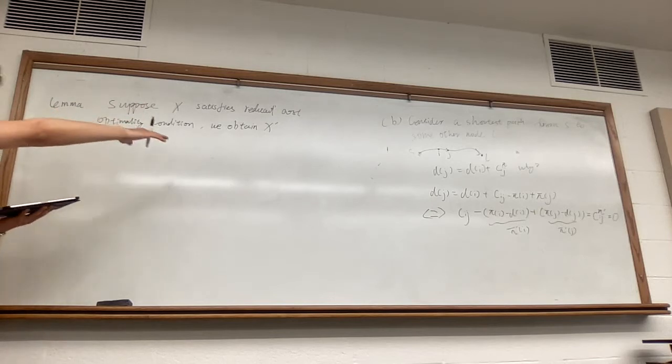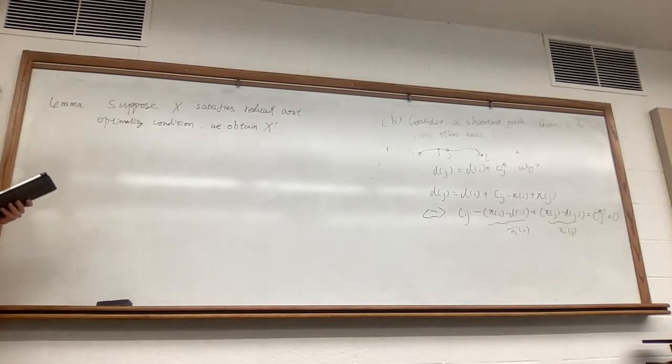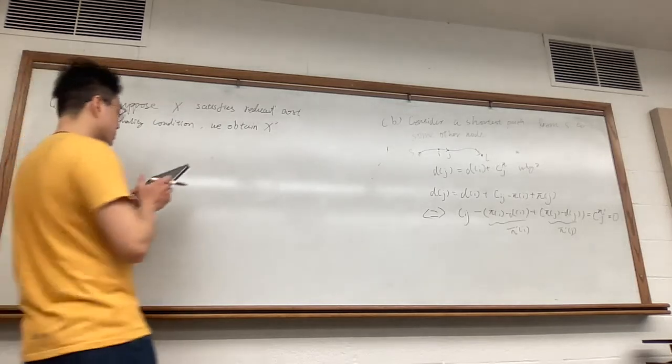And then we can obtain X prime in some way. So that's the reason why we introduced the lemma here. It tells you how to iteratively update some flow until you get an optimal, a feasible solution.